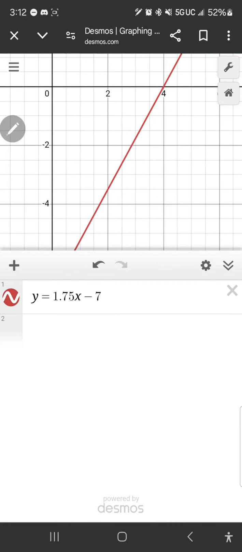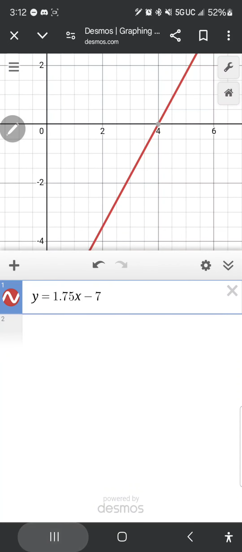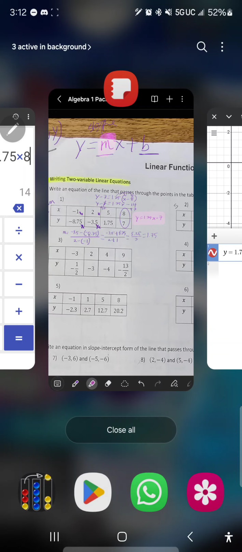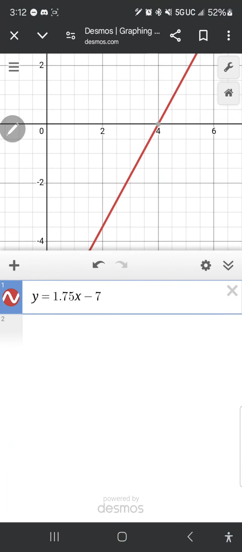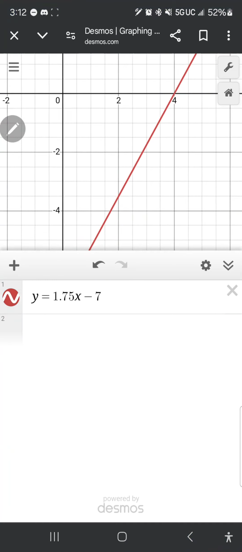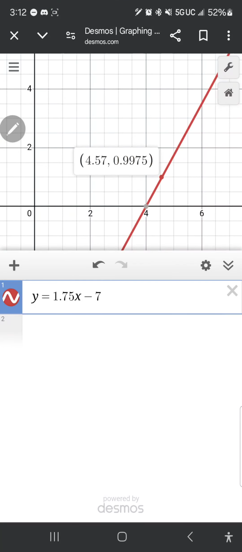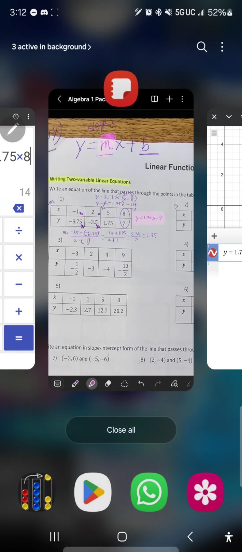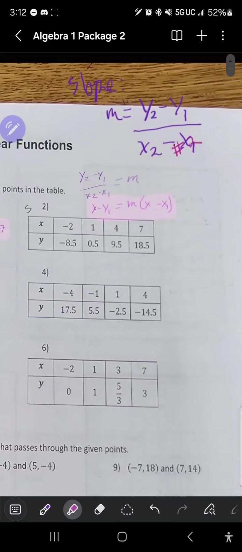It's going to look something like this. 2 comma negative 3.5 is one of the points, the other is 5 comma 1.75. Right here.